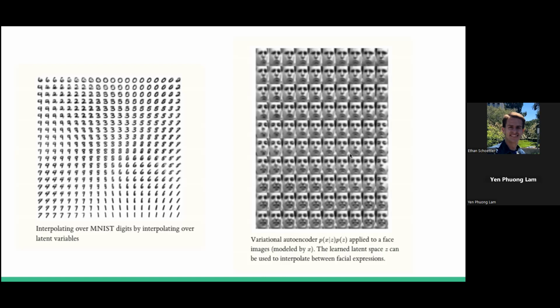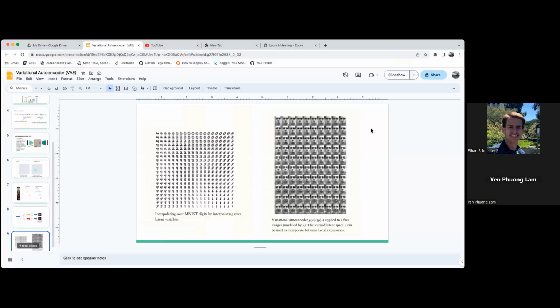And this one also uses the variational autoencoder for facial expression, like a smile here, and this is not a smile or sad, something like that. So that's all I learned about the variational autoencoder.